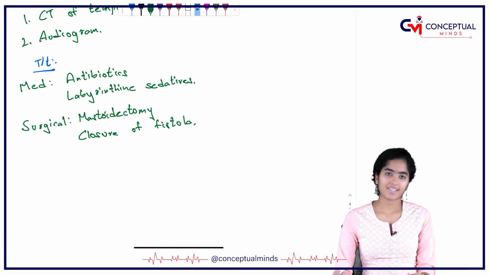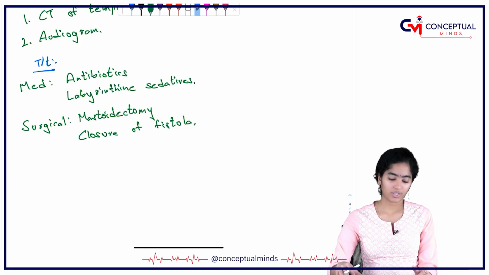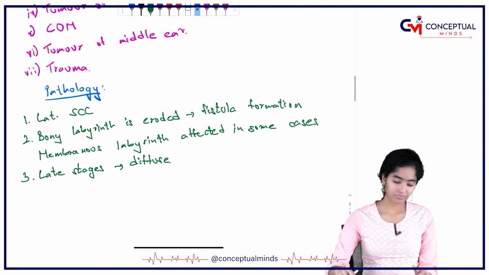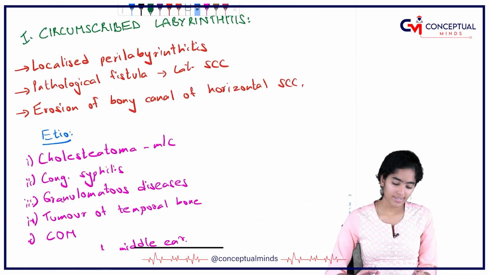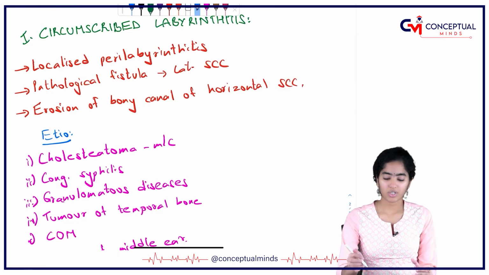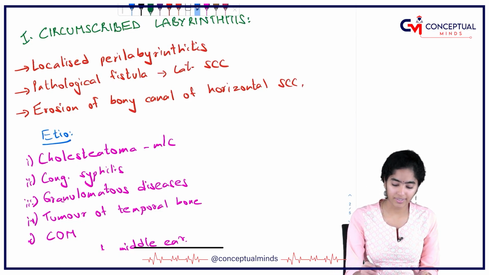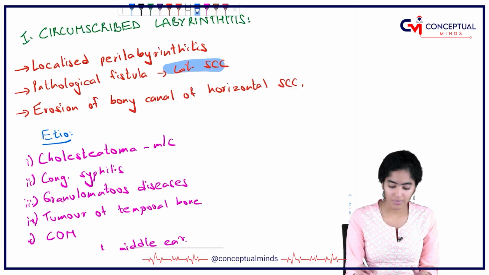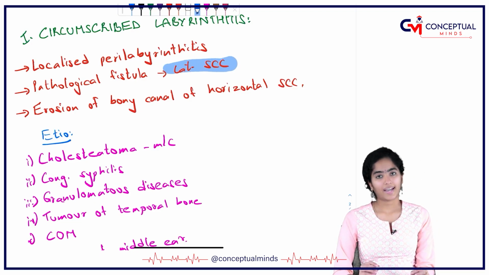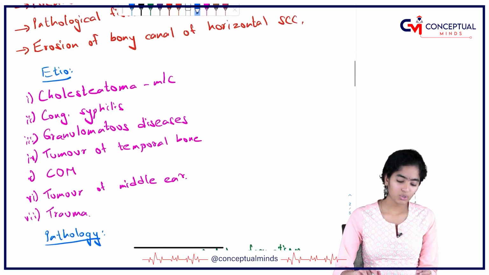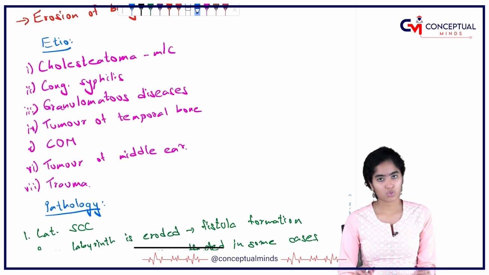Let me quickly revise circumscribed labyrinthitis. It is a localized perilabyrinthitis where you see a pathological fistula mostly affecting the lateral semicircular canal. Erosion of the bony canal is also seen, and coming to the etiology, cholesteatoma is the most common cause.